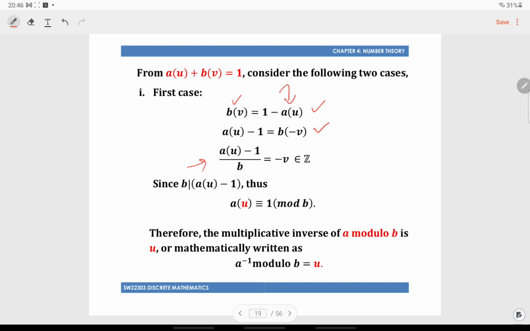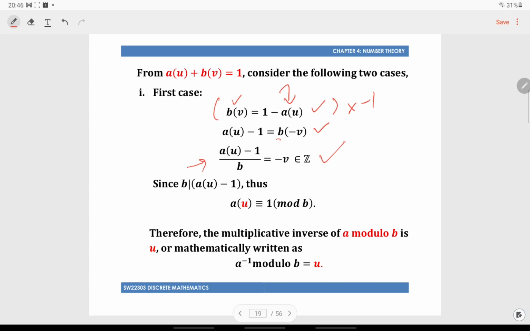Previously it was located here, but we take au as positive, so the 1 becomes negative and bv also becomes negative. In other words, we multiply this equation by negative 1. So we have au minus 1 equal to bv. If we take b to the left hand side, we have the third equation.